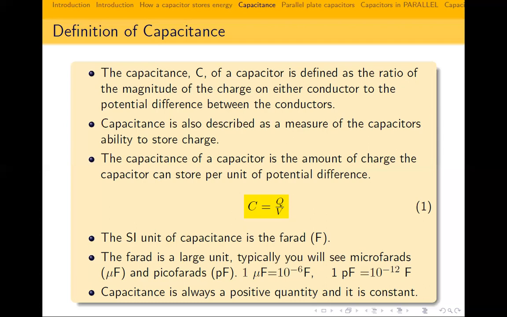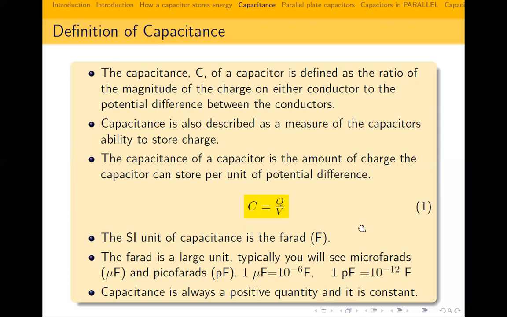If we pick from bullets 1 and 3, capacitance can be written mathematically as charge per unit voltage. This is very important. In some sections you will find it written as Q equals CV. And the SI unit of capacitance is the farad.